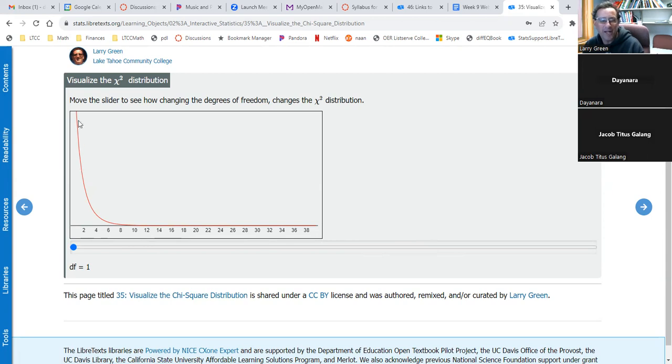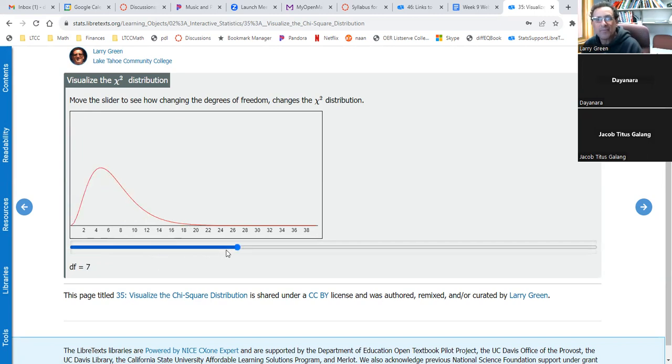It has a super high area. If it's 2, then it's a little less skewed right, but still very skewed right. If it's 3, now you can kind of start seeing that little bellish thing, and it changes as we go.